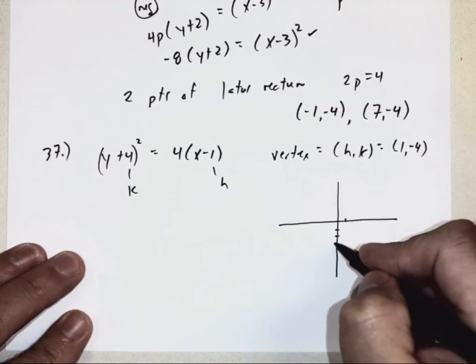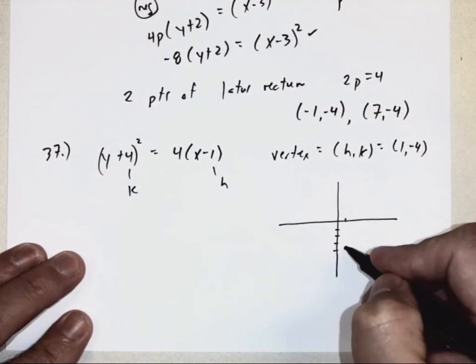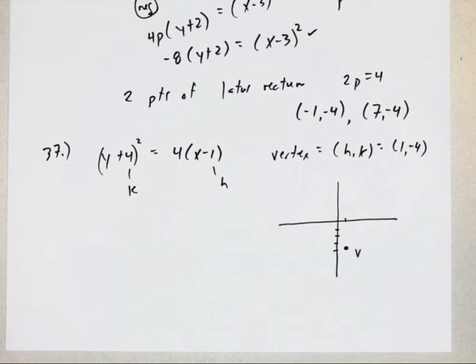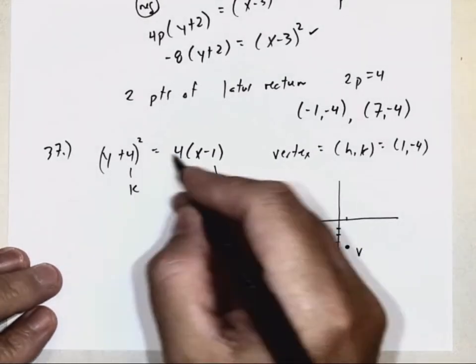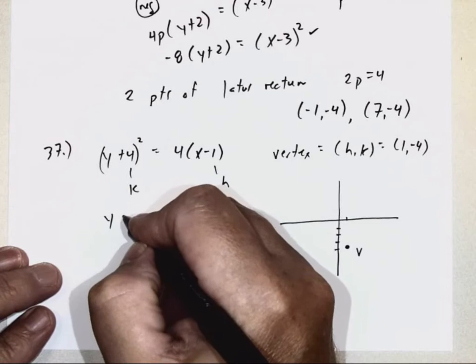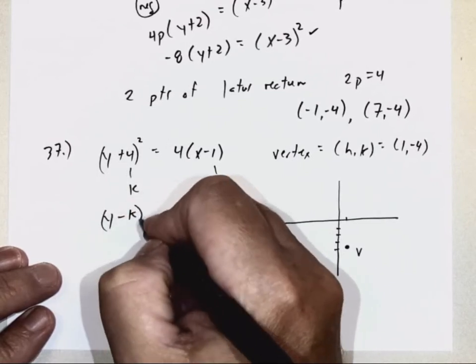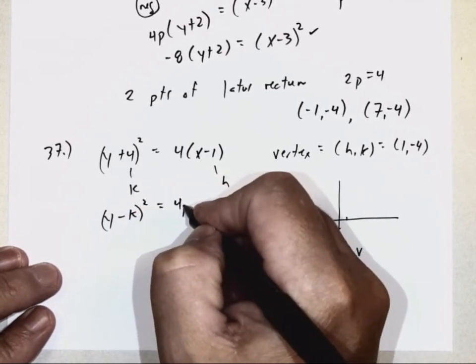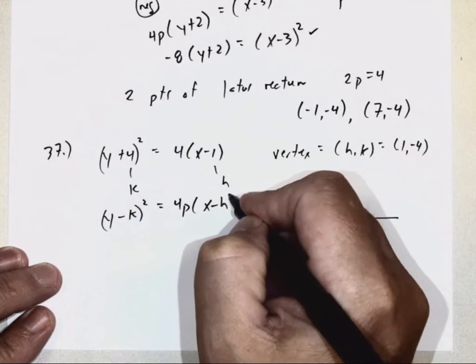1, negative 4, the vertex. The focus. Well, if we look at the equation, the general equation is y minus k squared equals 4p times x minus h.